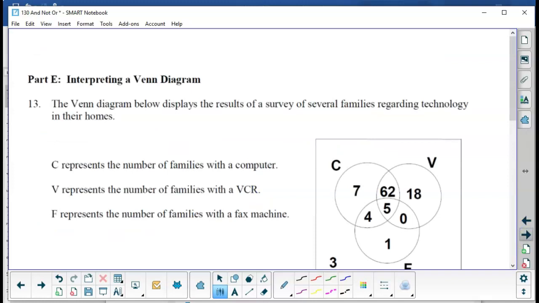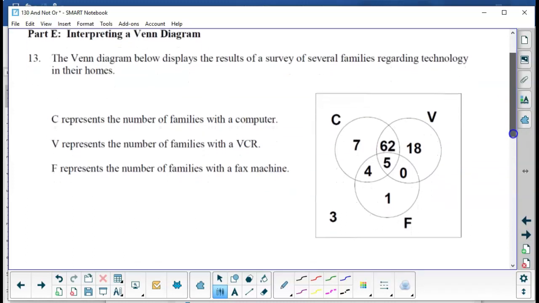So, interpreting a Venn diagram. So, getting a little bit more specific with actually the number of items in a set as opposed to the actual elements, like those factors that we did. So, the Venn diagram below displays the results of a survey of several families regarding technology in their home. Okay, this is a little bit outdated. Probably there's no VCRs.